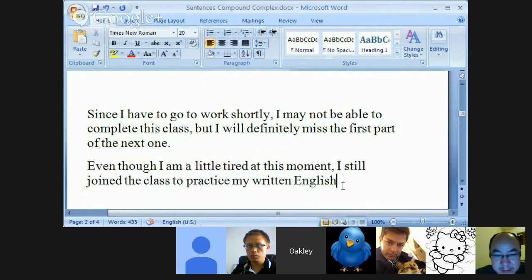But what we're missing, this is a great example of a complex sentence. One independent, one dependent clause. If we want to make this compound complex, we have to have some kind of joiner: but, or, so, or and, something like that.